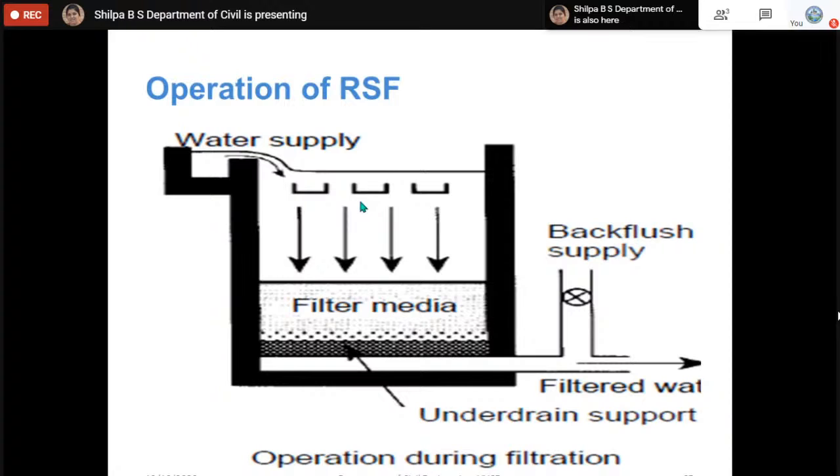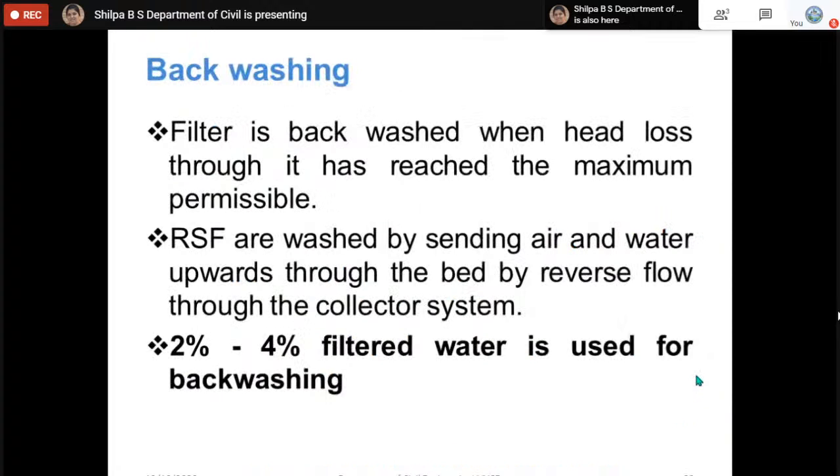So here, when the head loss is more, we will go for the backwashing. Usually during the monsoon season, the backwash will be done at least once a day, depending on the water characteristics.